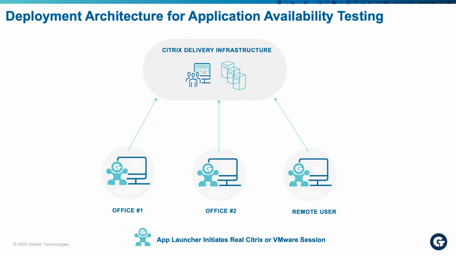And then we have what we call application launchers that are typically deployed at different locations. Essentially, those locations that users are logging into the environment from. So if you have users that are back at the office, if you have users that are remote, you can deploy this in the cloud like AWS or Azure. You can deploy this in different regions in AWS or Azure.